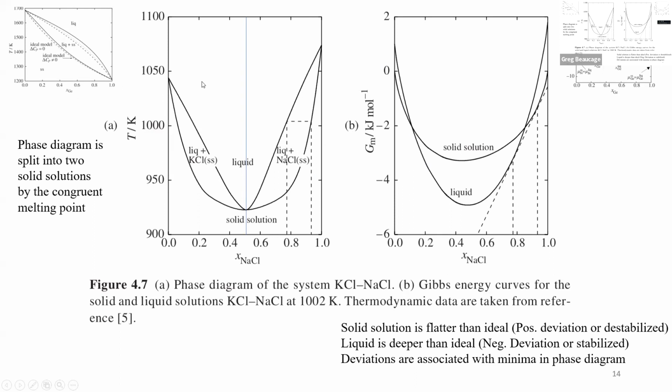So at this point, you could think of that congruent melting composition as like another phase, like the magic phase almost. And that would be a congruent melting temperature. At that point, the solid curve will drop, the liquid curve will rise, and there's a point where they just touch in the middle.